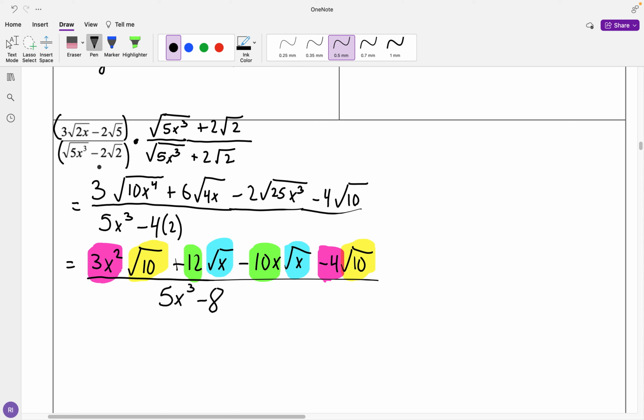In terms of restrictions, though, we have a square root. Oh, you know what? We kind of should consider this denominator, but that is seeming a bit too complicated for us right now. The only thing I'd consider is just that x has to be positive, greater than or equal to 0.